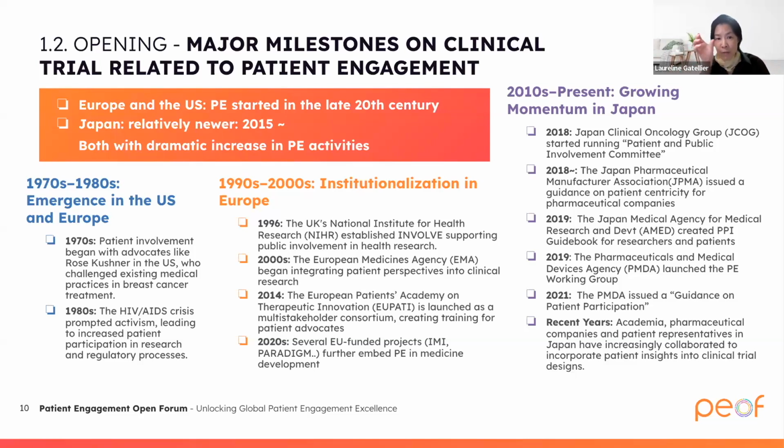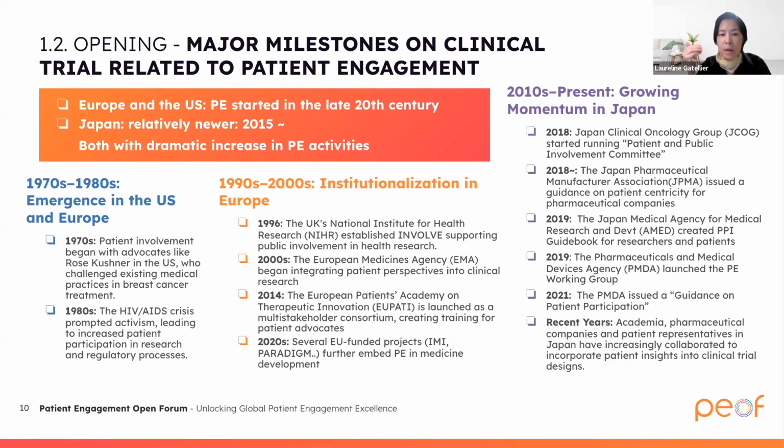I'm not going to explain further, but let me move to the Japan side. It started later, from 2016, and then something very official in 2018 with the Japan Clinical Oncology Group, which is an academia-led group for clinical trials. And then from 2018 further, the JPMA, Japan Pharmaceutical Manufacturers Association, also issued guidance on patient centricity.